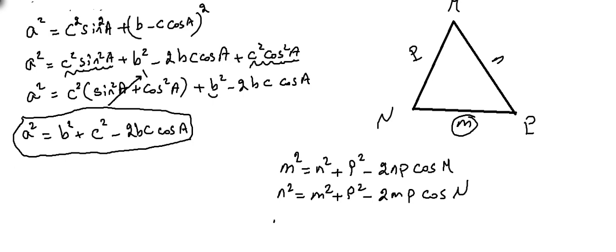P squared is equal to M squared plus N squared minus 2 times M times N times the cosine of the angle P, which is between the sides M and N.